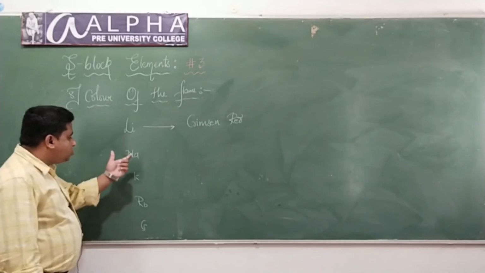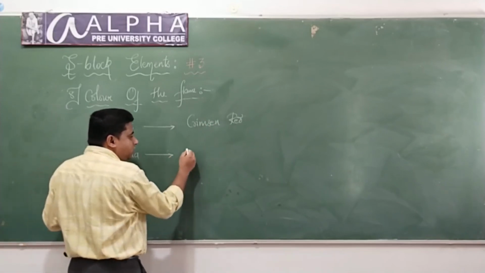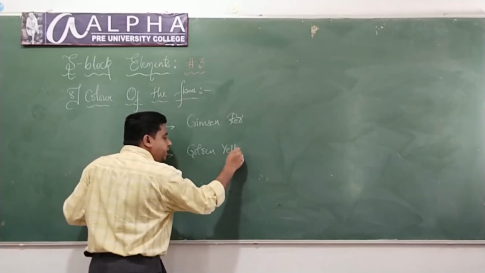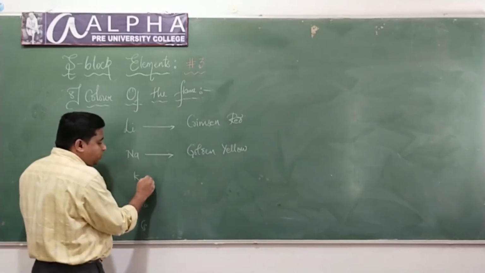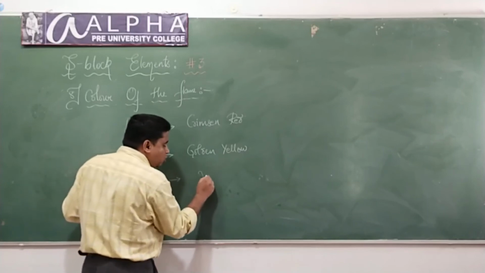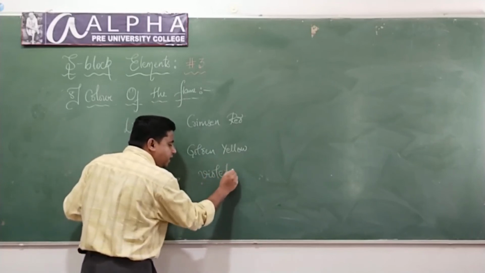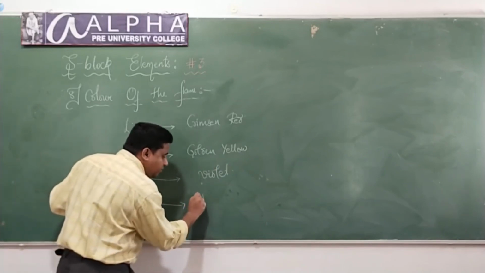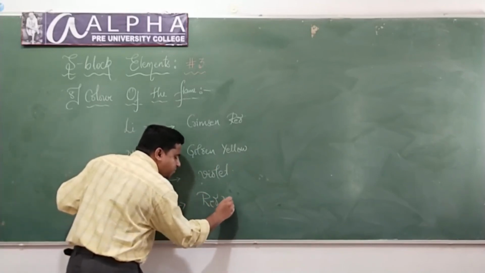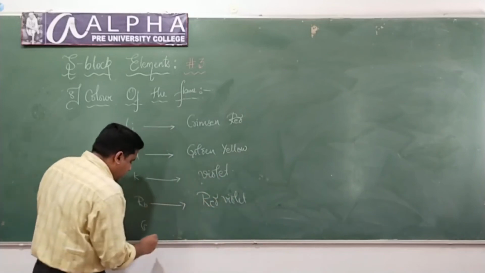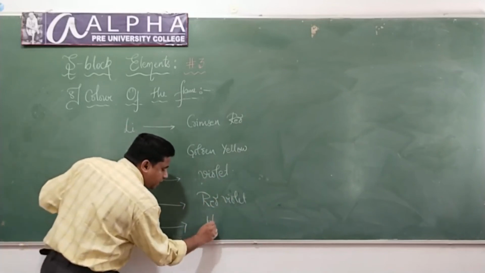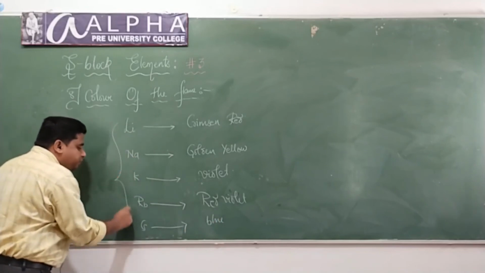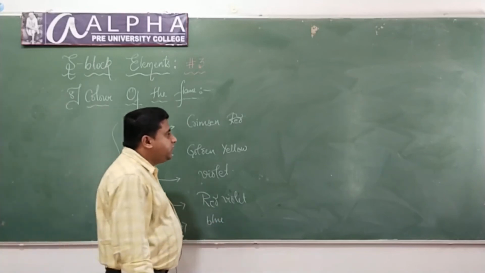Sodium will impart golden yellow color to the flame. Potassium will impart violet color. Rubidium will give red violet. And cesium will impart blue color to the flame. This is with respect to alkali metals.